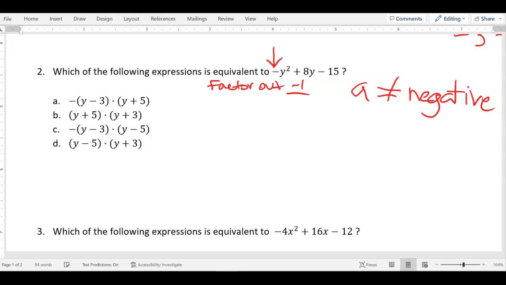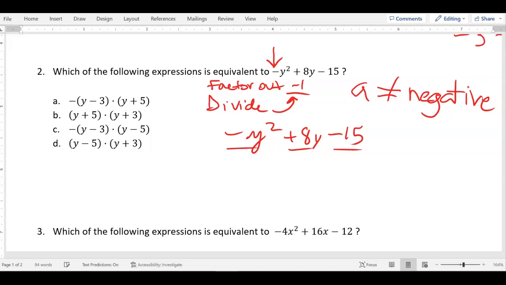That means we're going to divide everything by negative 1. I'm going to take the negative y squared plus 8y minus 15. Everything's going to get divided by negative 1, which is going to change the sign of every term. So now I have a negative 1 out front. Negative turns into positive. Positive turns into negative. Negative turns into positive.